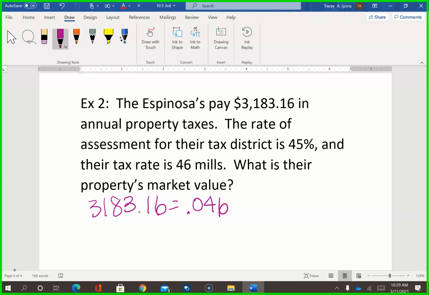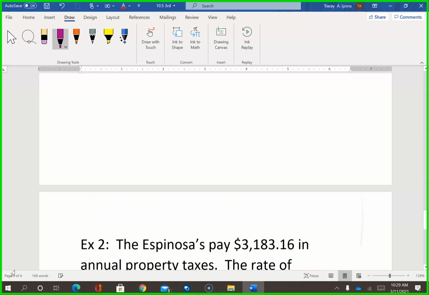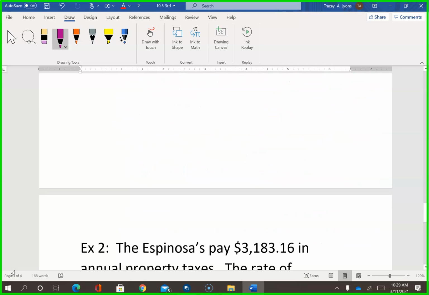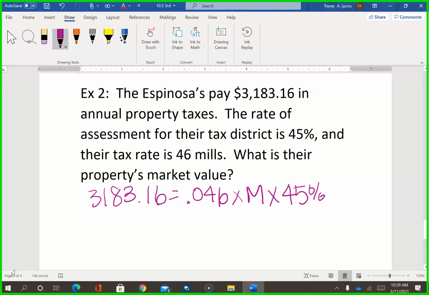You could find the assessed value first, and then use that answer. But you can do it all at once as well. So I'm going to multiply it times the market value as well as the percent, because that's really what we did. If you look at this question up here, we multiplied by 40%, and we also multiplied by the mills. So that's why we can do this in one step.